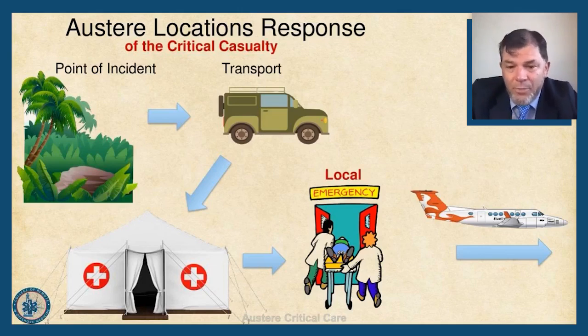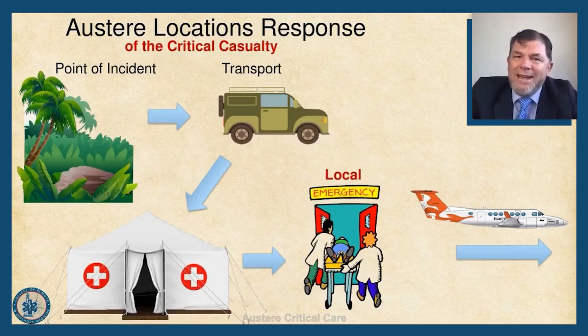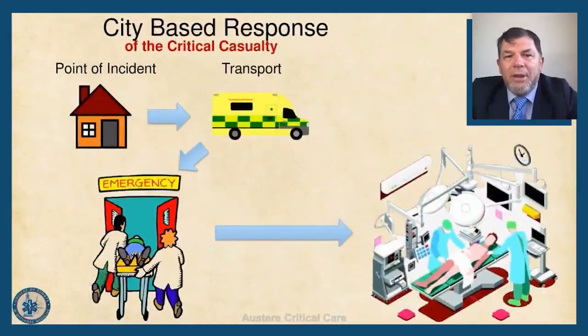So if you're from Japan climbing Mount Kilimanjaro, you as an austere practitioner can stabilize this guy as best as you can, get him into the local emergency department who will stabilize them, and then call for a plane. And your insurance company will send a plane and take you back to Narita so you can get an ICU in Japan. So that takes a lot longer than what we're used to. So this is the city-based response.